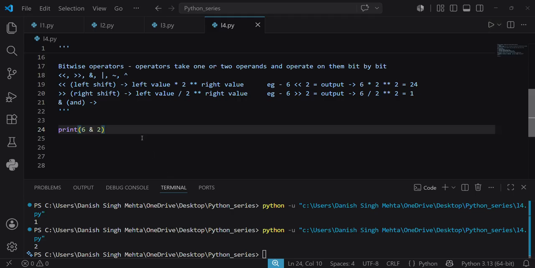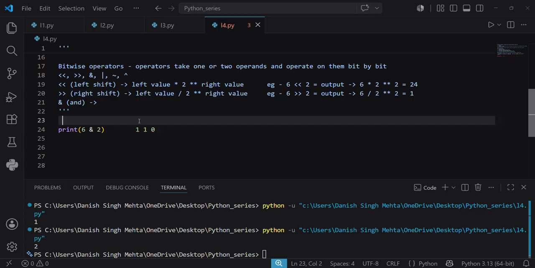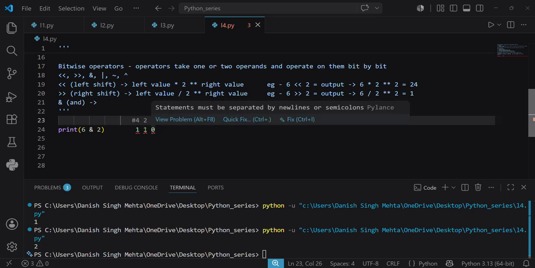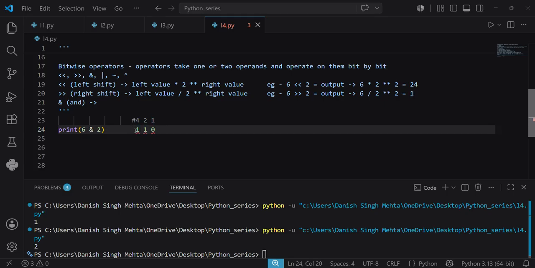we get 2. Why? See, the binary form of 6 is 1 1 0. So this is 6.